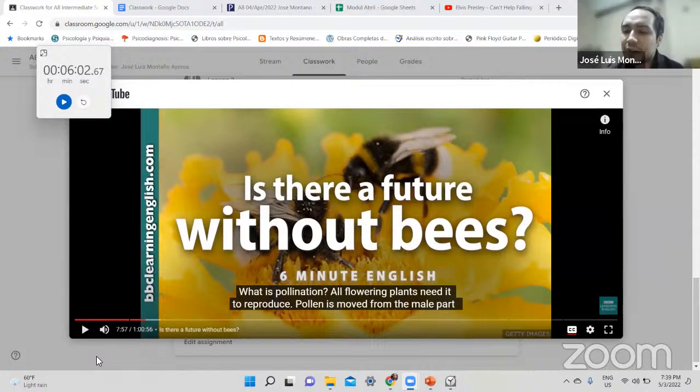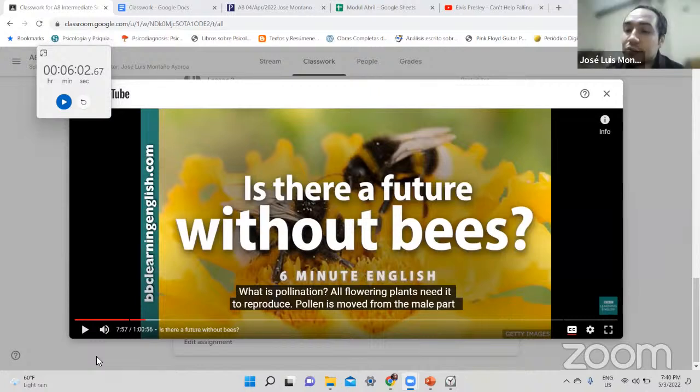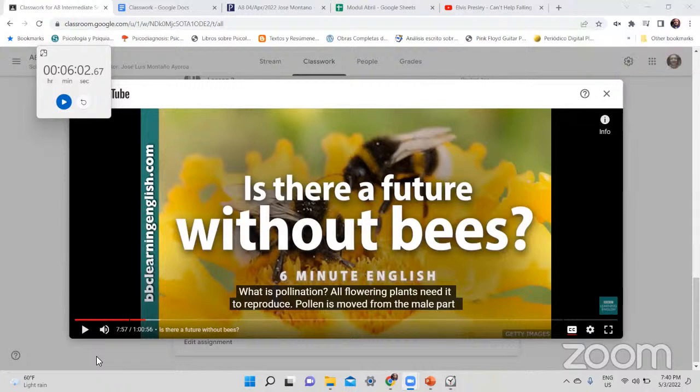And what is that job? What exactly are those insects doing? They extract the pollen of the flowers. And what do they do with that pollen? When they extract, or when they have the pollen of one plant, flower, what do they do after that?